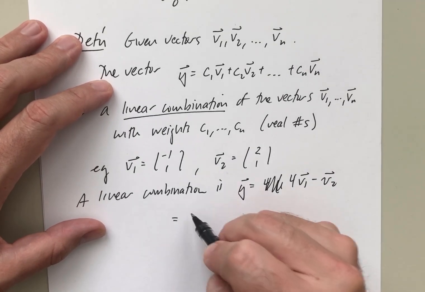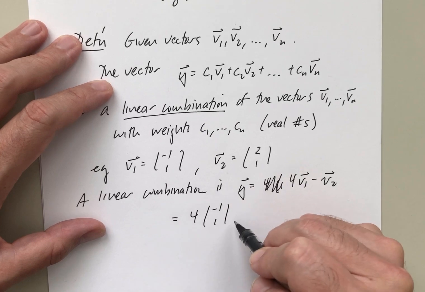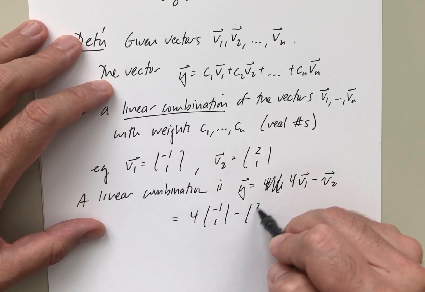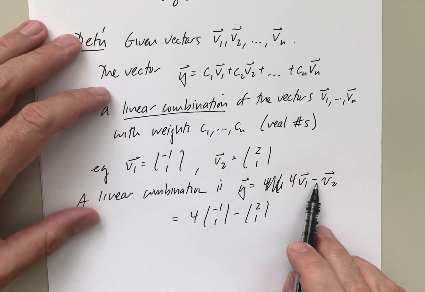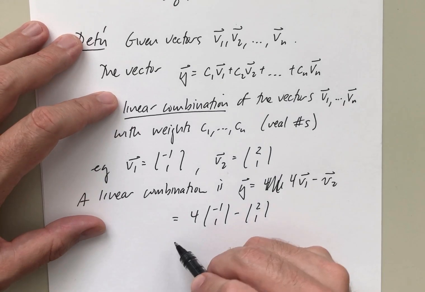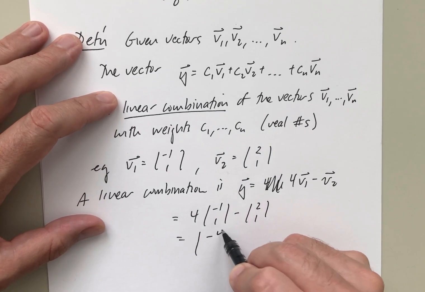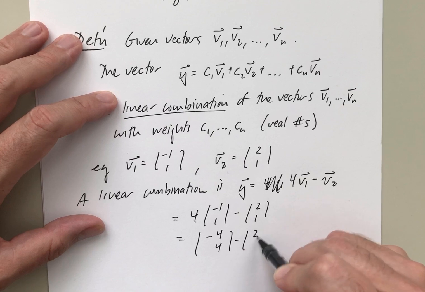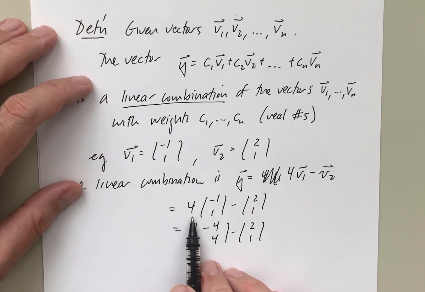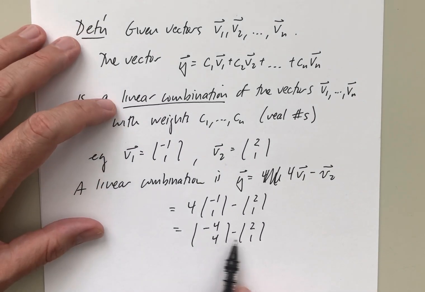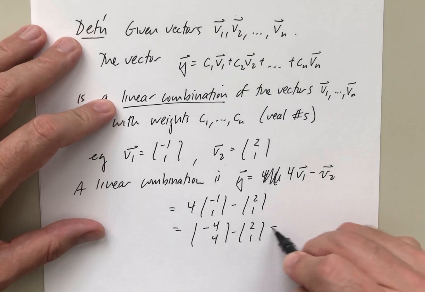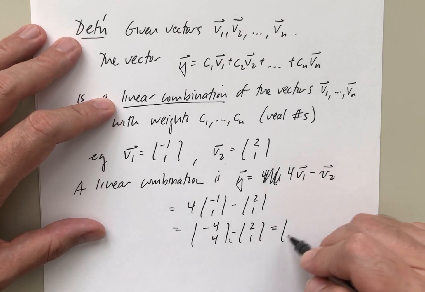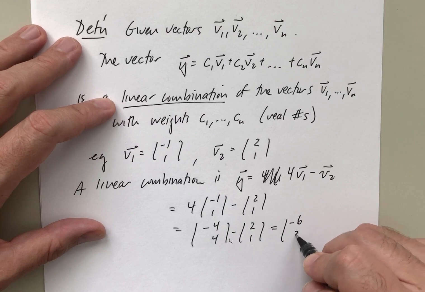So I take 4 times v1 minus (2, 1). Of course, this minus is really plus (-1), if you like. Let's compute: it's (-4, 4) minus (2, 1), because I scale coordinate-wise to get the new vector. And then I subtract coordinate-wise to get my new vector, which is (-6, 3).